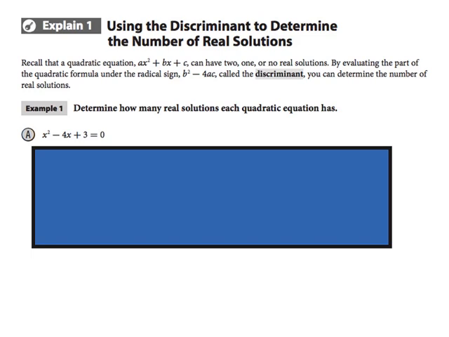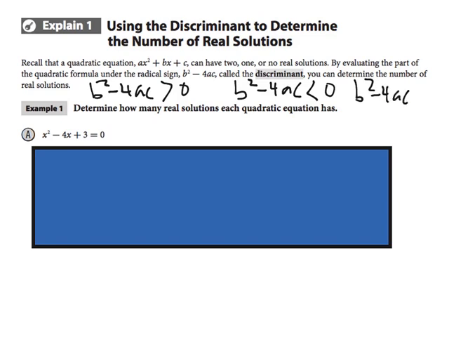Once again, if b squared minus 4ac is greater than 0, then we have two solutions. If it's less than 0, then we have no real solution. And if it equals 0, then we have one real solution.